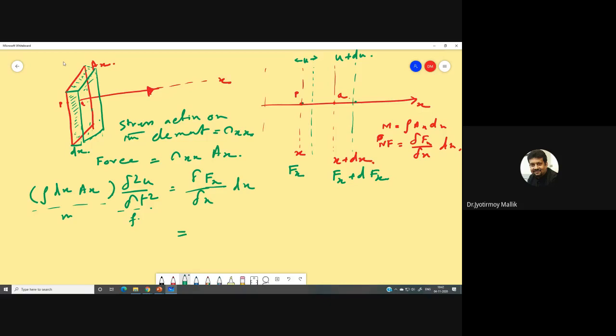So delta sigma xx Ax by delta x times dx, and that I can write down as Ax delta sigma xx by delta x. Okay. Sorry, this is dx.